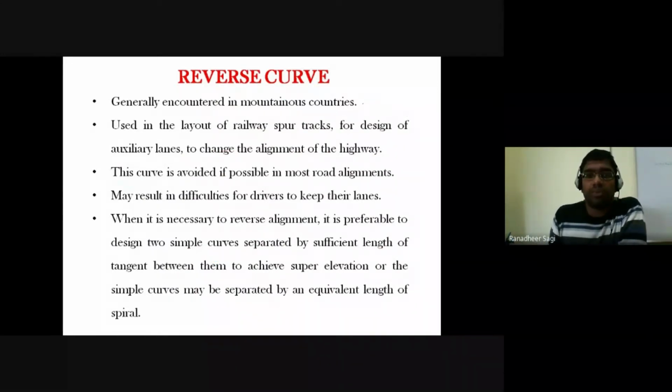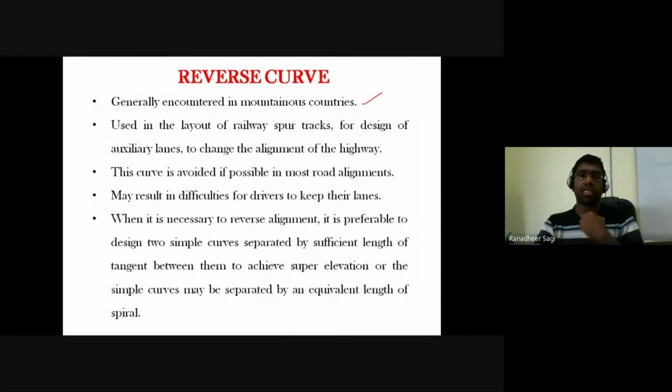Generally, this particular type of reverse curve is encountered in mountain regions. Most of the time, in countries where you have more mountain areas or valley regions, we have the alignment of roads or railway tracks with this reverse curve, because the profile of the ground may not be suitable for a simple curve or a compound curve.